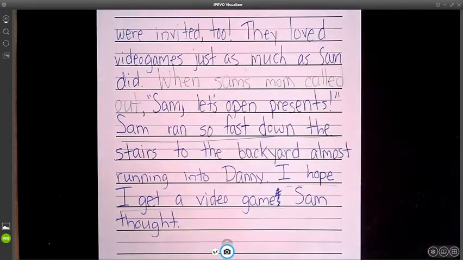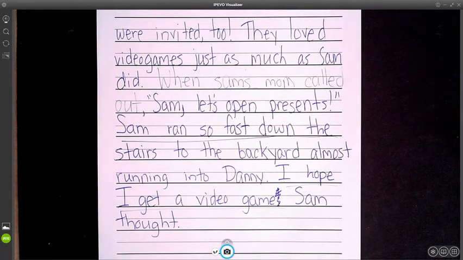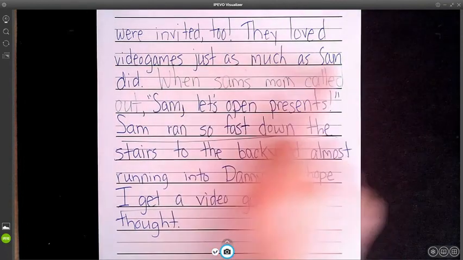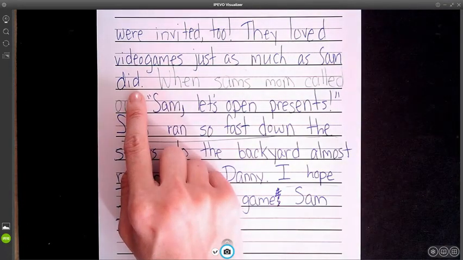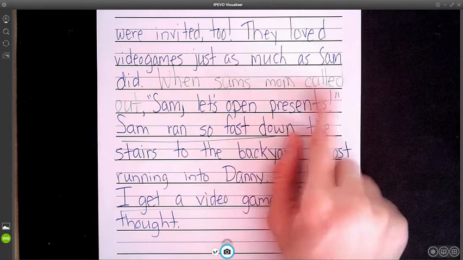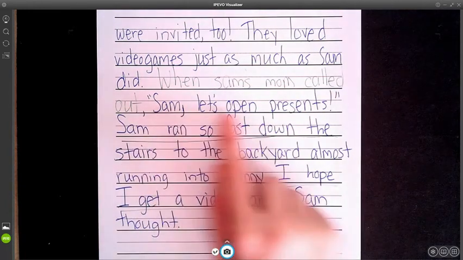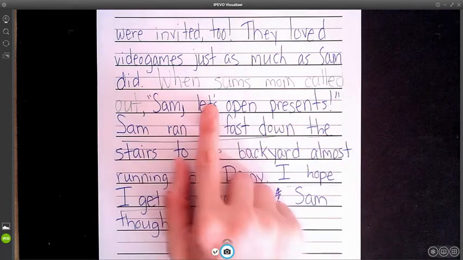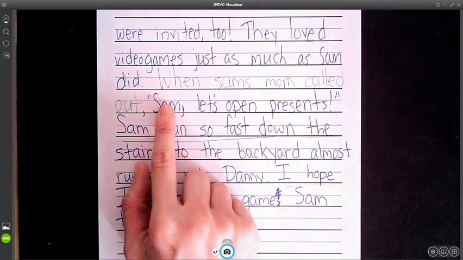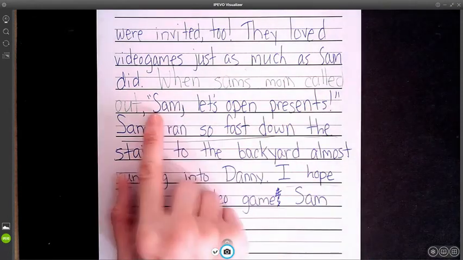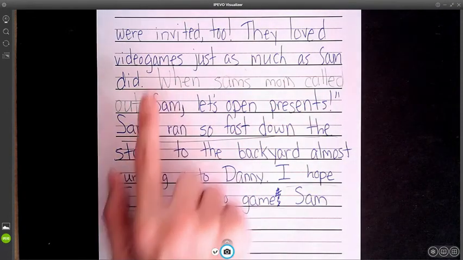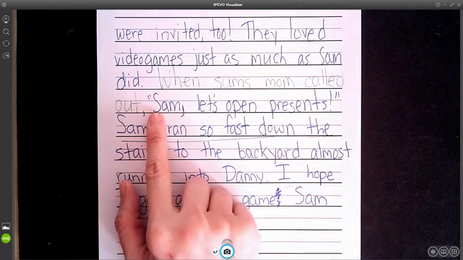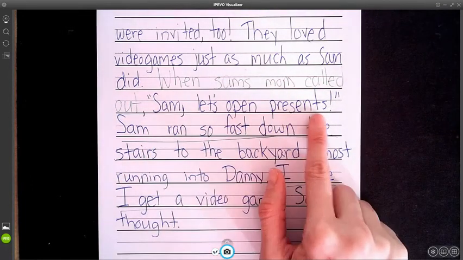So there I talked about the characters and the setting. They loved video games just as much as Sam did. When Sam's mom called out, "Sam, let's open presents." There's my dialogue. Remember, it's easier to write thoughts and feelings next to dialogue. So let me read this one more time. When Sam's mom called out, "Sam, let's open presents."